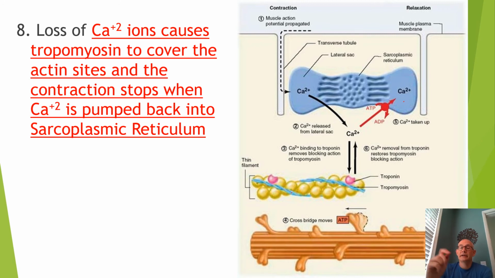The thing about getting the calcium back into your sarcoplasmic reticulum is this is a form of active transport, and it requires ATP. So again, if your muscle is tired, if you don't have enough energy, your body can't pump those calcium ions back into the sarcoplasmic reticulum. The myosin stays attached to the actin, and that muscle can't relax. It stays contracted, and that's another way that you get a muscle cramp.